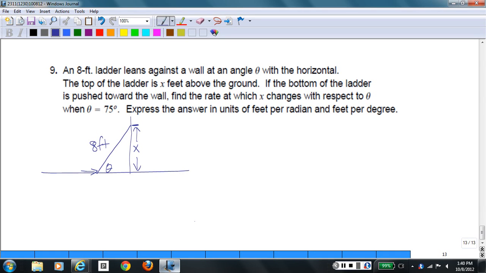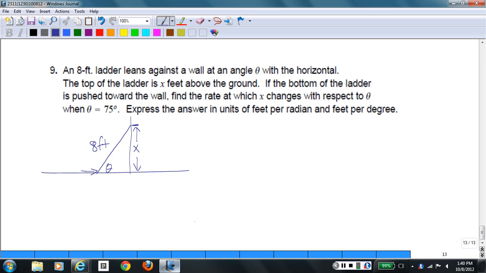So basically dx d theta is what we're looking for. We want it in units of feet per radian, also feet per degree, because radian is such a darn large unit of measurement, 57 point something degrees. Feet per degree might be a little bit more useful.